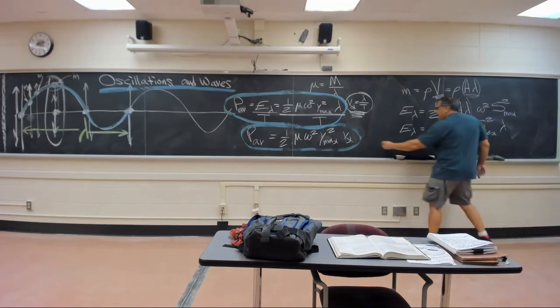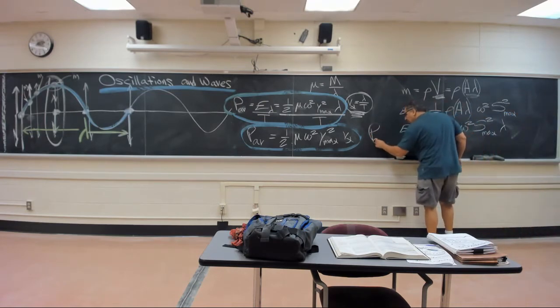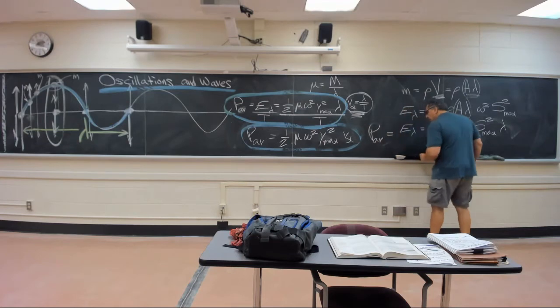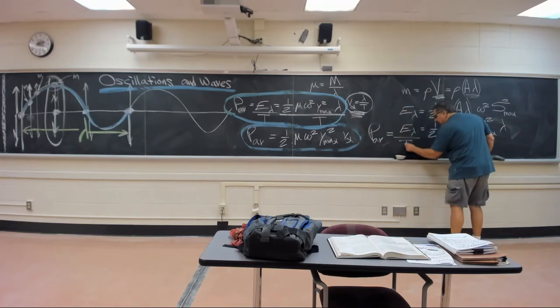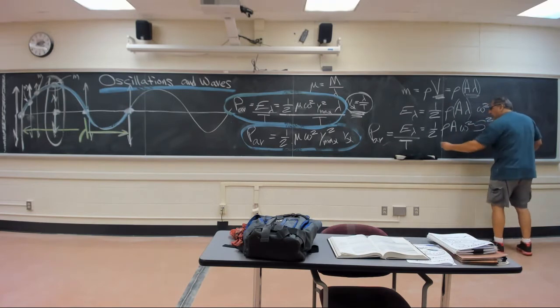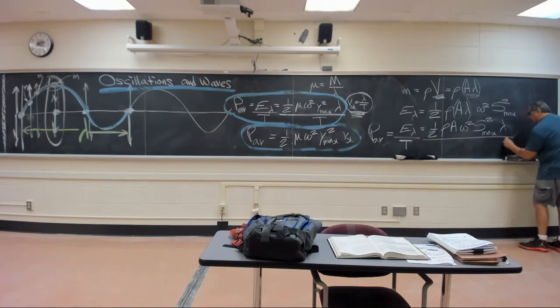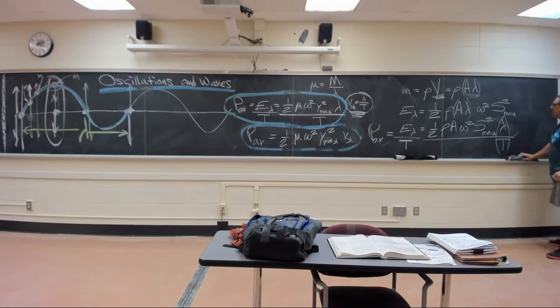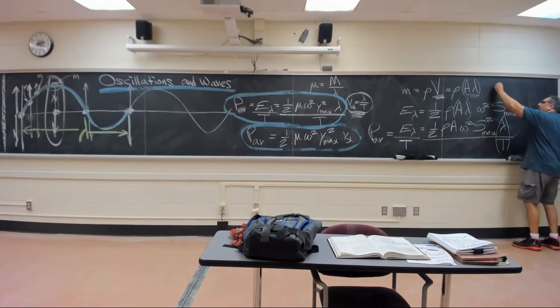You know where I'm about to go, guys. If you wanted to find the average power, that's going to be lambda divided by capital T. That's going to be this divided by capital T. Well, what's lambda divided by capital T? Yeah, it's starting to look really familiar, right?